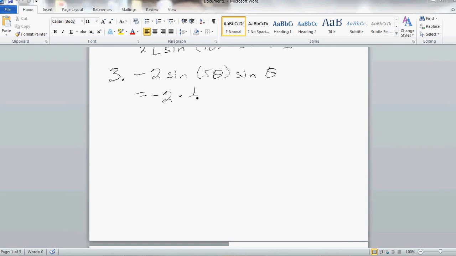So it's -2 times the 1/2 of the cosine of their difference minus the cosine of their sum.